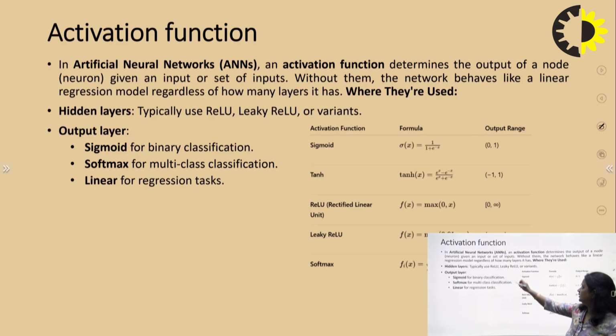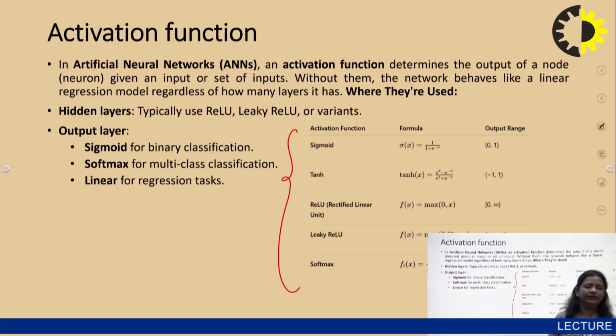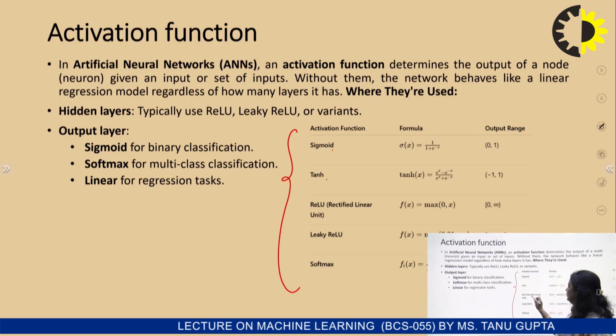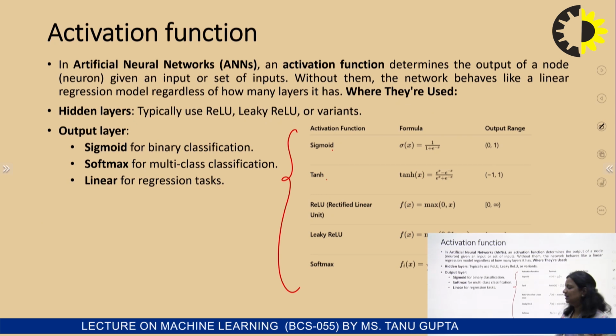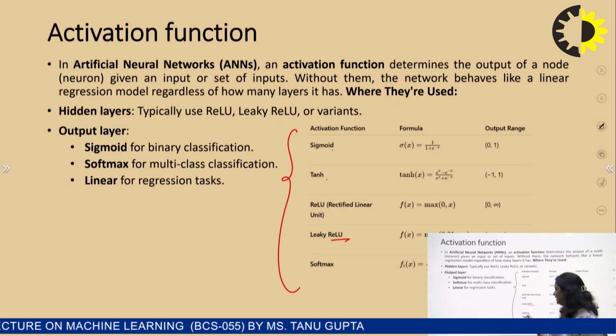We have the following activation functions that we are going to use in the single or multi-layer perceptron: sigmoid activation function, tanh activation function, ReLU (rectified linear unit), leaky ReLU, and softmax activation function.